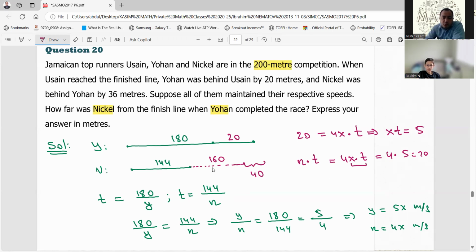Yes, it's 144 plus 20, x times t is 5. So n times t, right? n is 4x, 4x times t, 4 times 5 is 20. So 164, and the remaining distance will be 36. 36, right? Yeah.